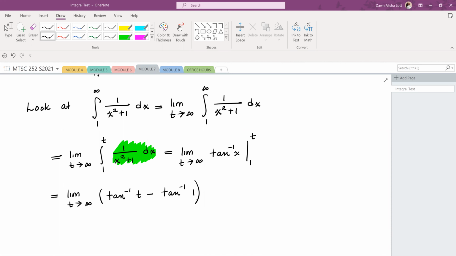Here, when I'm trying to find the limit of tan inverse of t as t approaches infinity, I'm trying to find the angle. So this is asking me for the angle whose tangent is going to infinity.